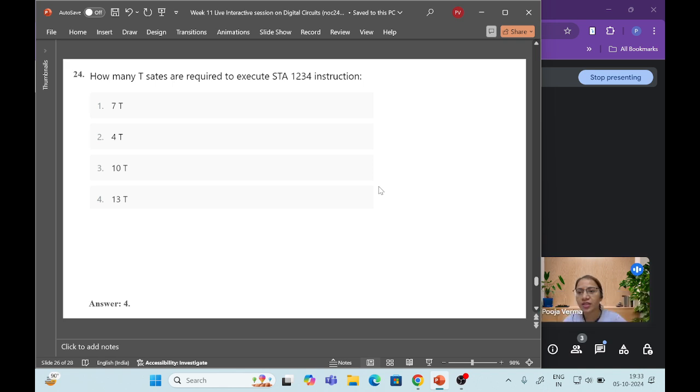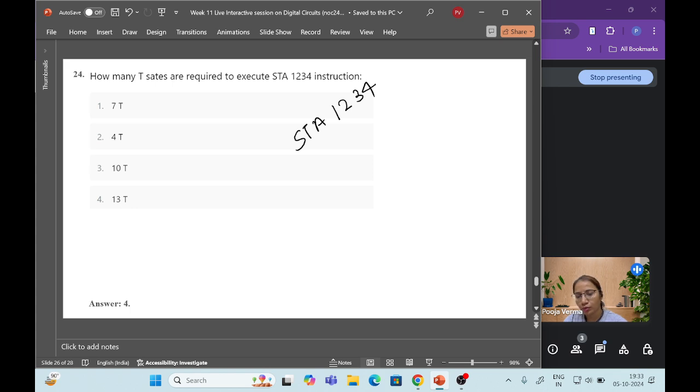Next question: how many T states are required to execute the STA 1234 instruction? STA 1234 instruction. How many T states are required?